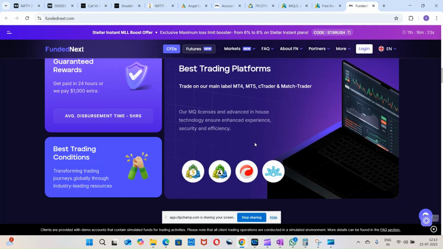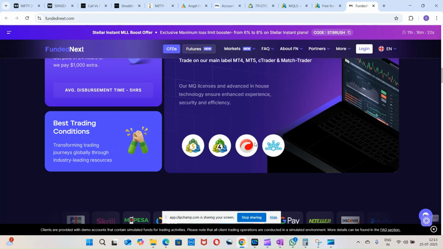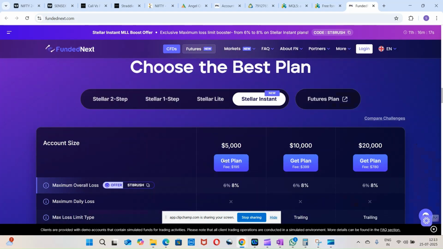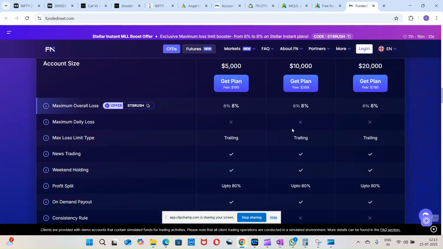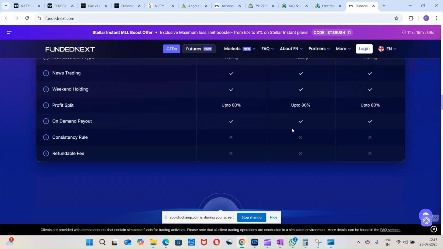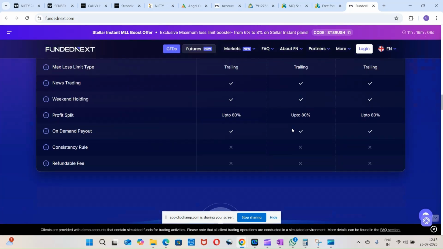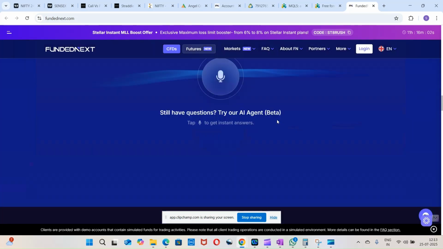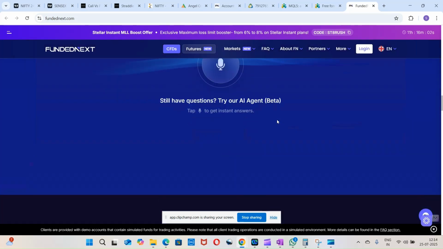They have all these challenges: $5,000, 10,000, 20,000, and even challenges up to 100K, 300K also. Profit split, they'll give you up to 80%. Maximum overall loss is 8% only. So this is Funded Next.